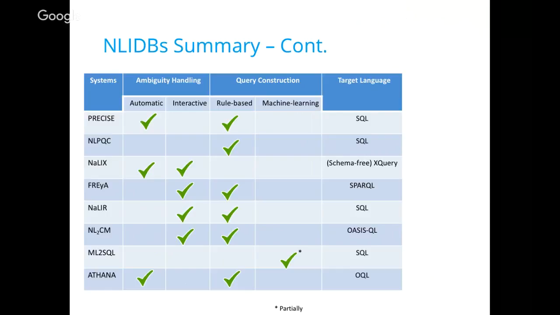There are some exceptions. But I think the most notable exception is the last one with OQL, which is the intermediate language on top of Polystore. That's probably what we would like to be. Schema-free XQuery is kind of interesting as well in the sense that it reduces some of the ambiguities that the NLQ system needs to resolve.